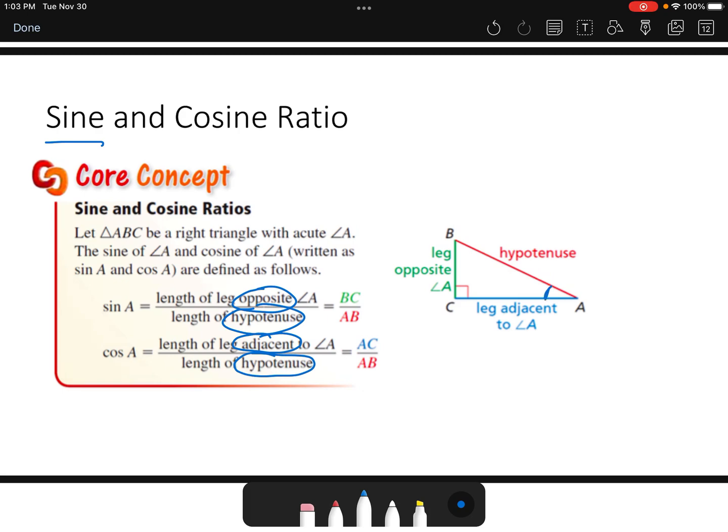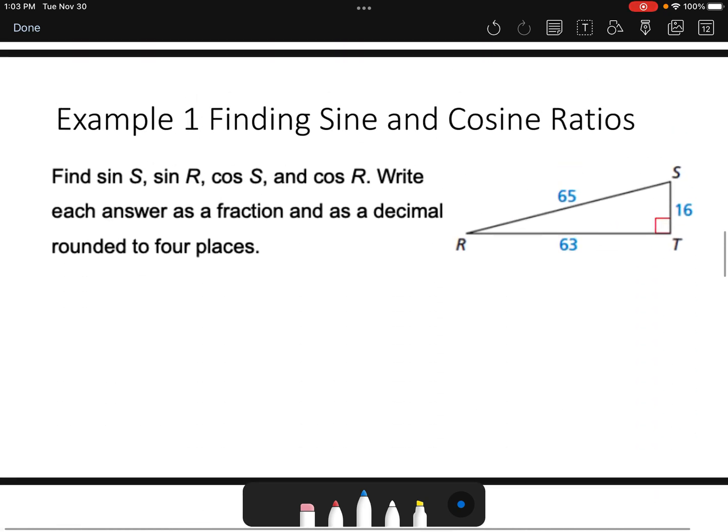So if I use angle A, the sine is opposite over hypotenuse. The cosine is adjacent over hypotenuse of A. Now if we use B, it's just the opposite. The adjacent would become the opposite, and the opposite would become the adjacent.